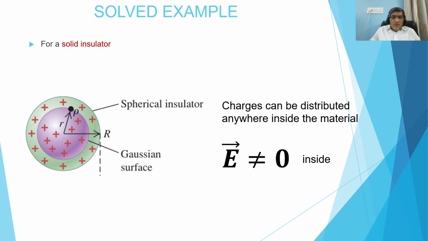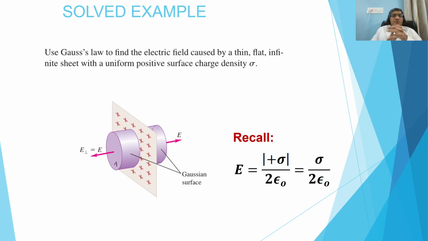Now this is again a very important question. Use Gauss law to find the electric field caused by a thin, flat, infinite sheet with a uniform positive surface charge density sigma. Uniform surface charge density sigma applies here because charge is distributed uniformly on the surface only.